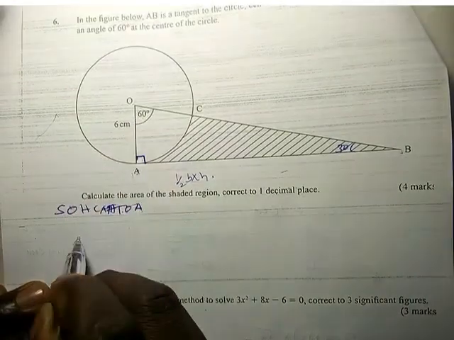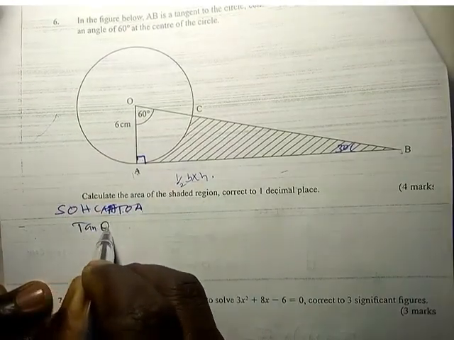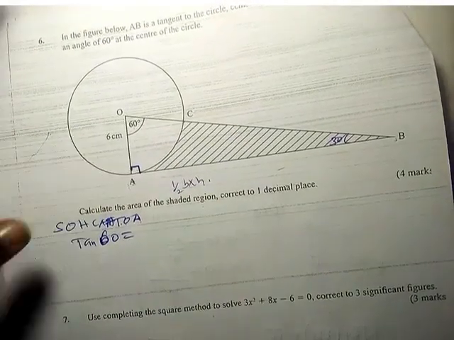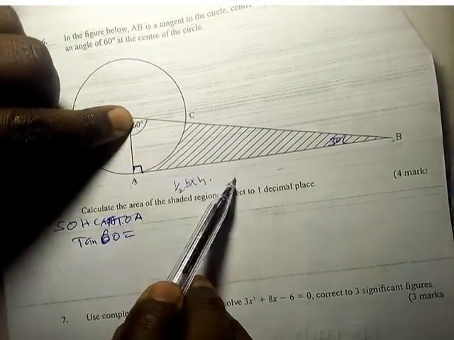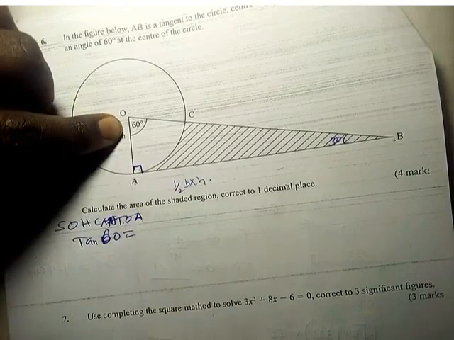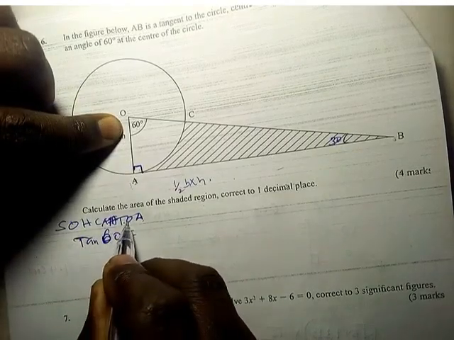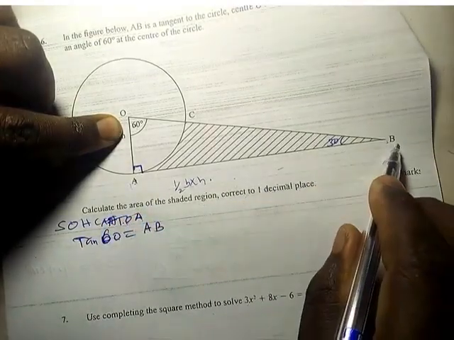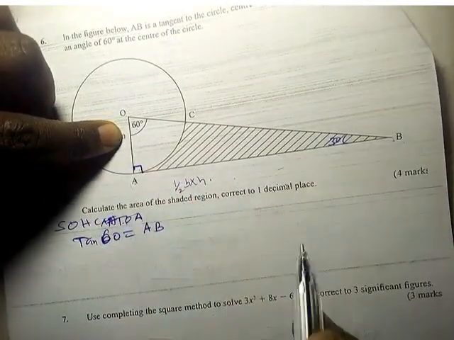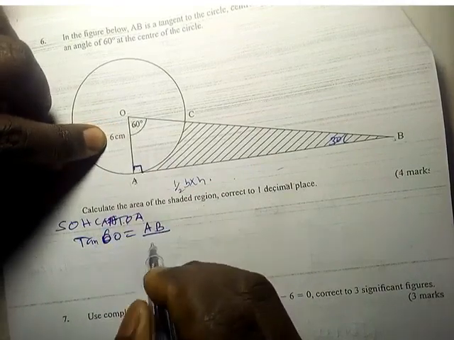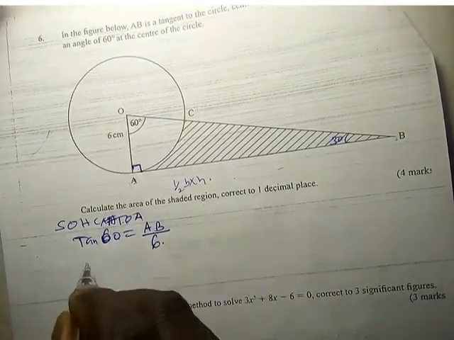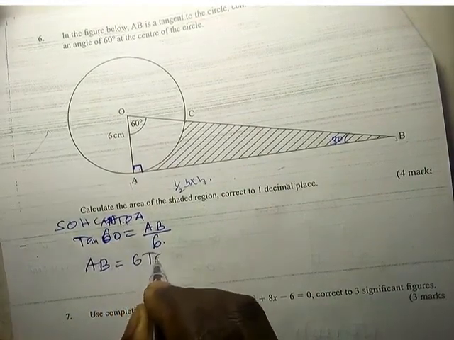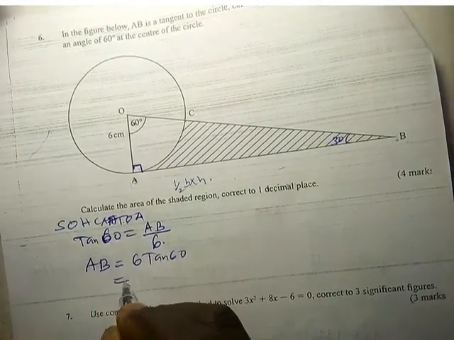So if I say tan 60, the opposite is this one, adjacent is this one. So tan 60 is equal to opposite, which is AB, the height of this triangle, divided by adjacent, which is 6. So AB is equal to 6 tan 60.